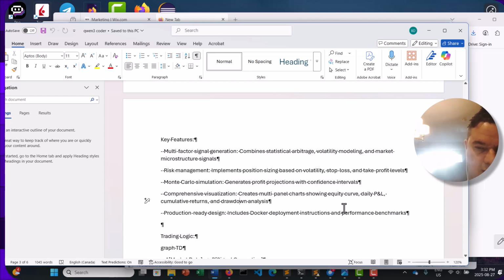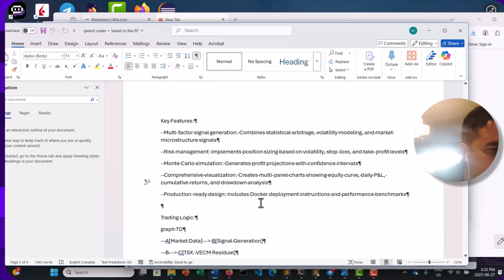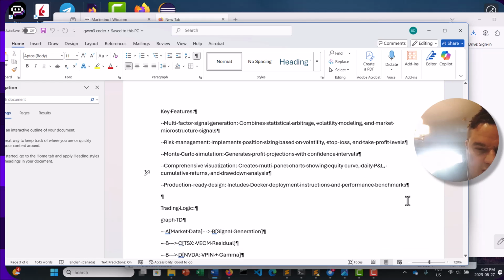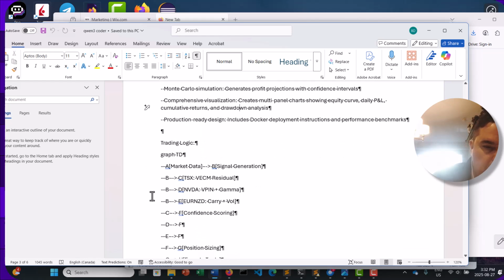Comprehensive visualization, create panel charts, equity curve, daily P&L, cumulative return, and drawdown analysis. You can do that anytime. Again, you have to remember that it's important to know that these are disposable projects after a short term of use. Production ready, Docker deployment instructions and performance metrics. It's pretty powerful. Trading logic.